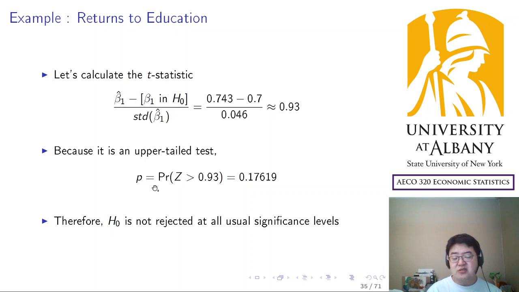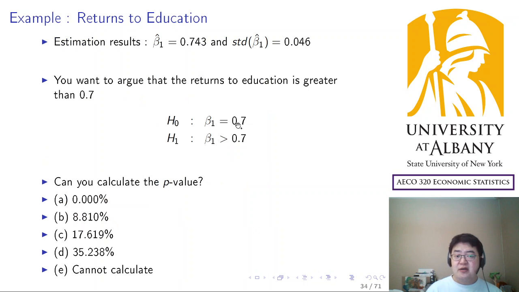So the p-value is the probability of being greater than the t-statistic, not the other side. The lower tail is not considered. It's only about the upper tail. So the p-value is about 17.6%. So H0 is not rejected, which means the returns to education is 0.7, as you believed.